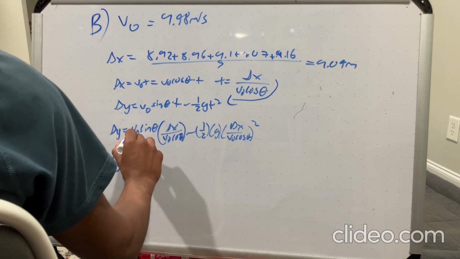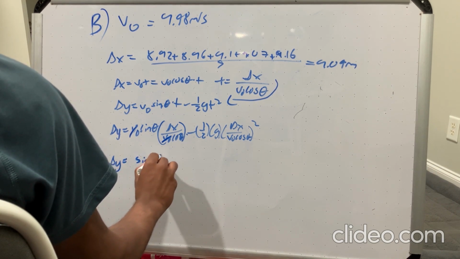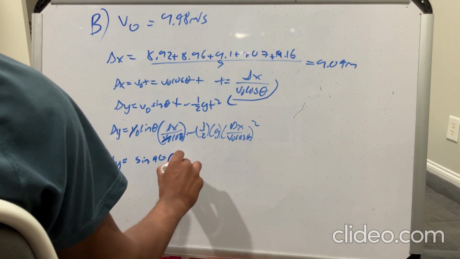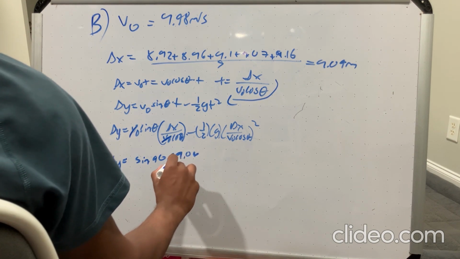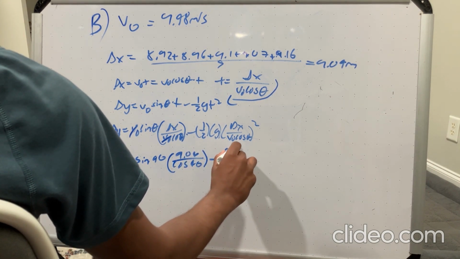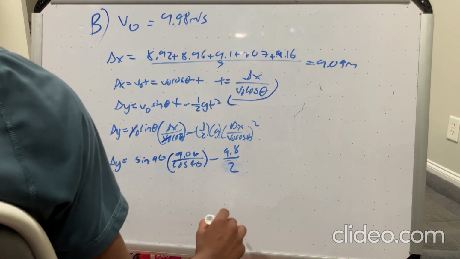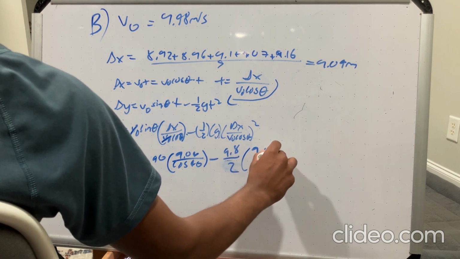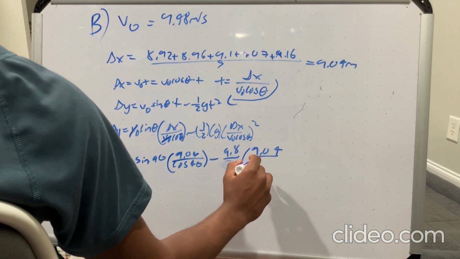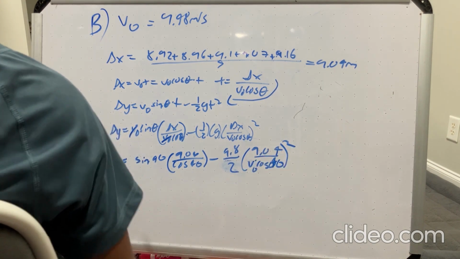So first of all, the v naughts cancel out here, which leaves sine of 40 times 9.04 cosine of 40 minus 9.8 over 2 times 9.04 over v naught cosine theta, which is 40, squared.